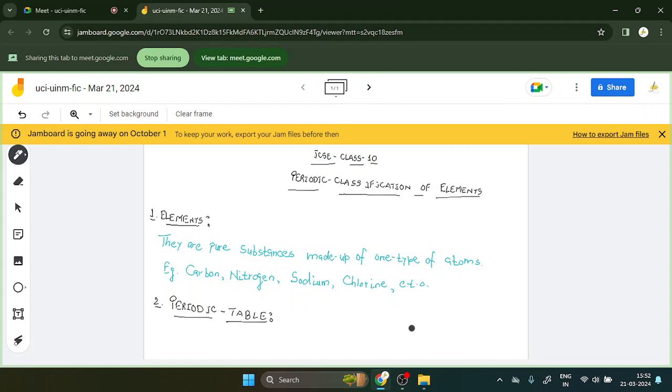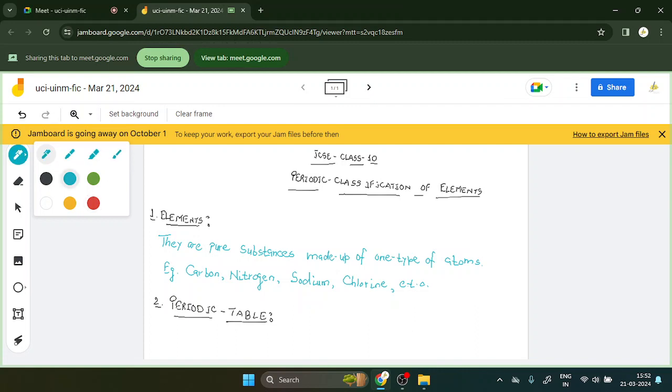That is called the periodic table. In today's chapter we will be seeing the trends in the periodic table, like what will happen to certain properties when we go down the group, and what properties will change when we go along the period.